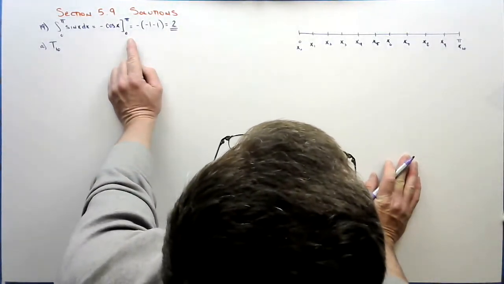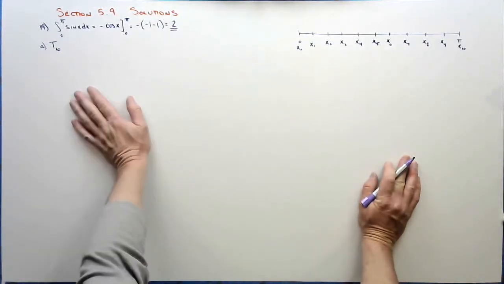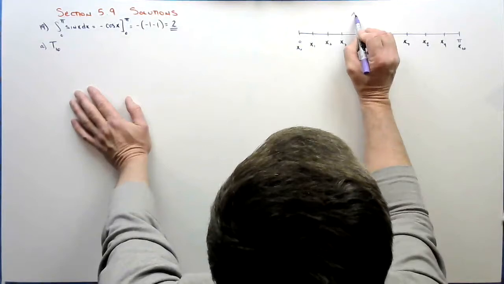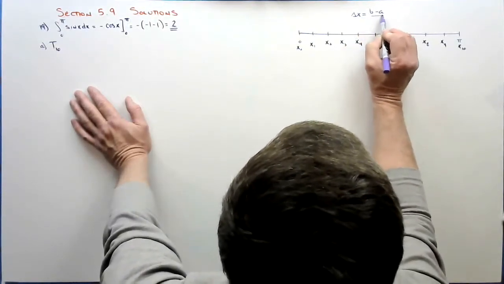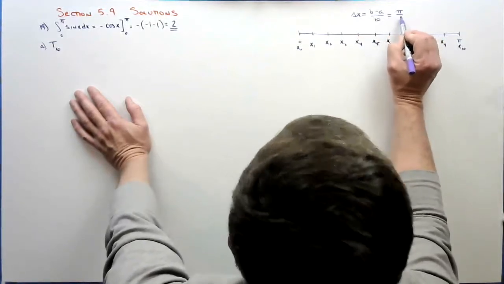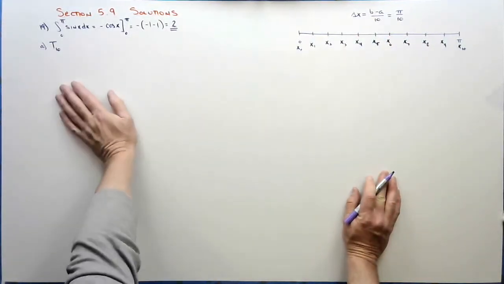So we want to find the width of each of our intervals. So that's going to give us delta x, right, is equal to b minus a over 10, which is going to be pi minus 0 over 10. So we have our values.